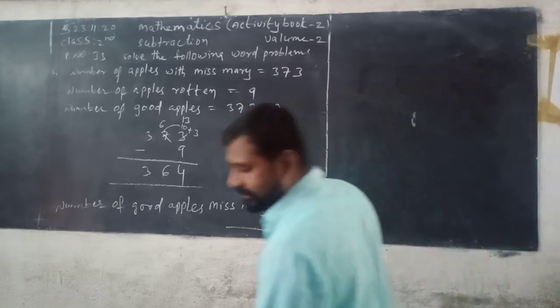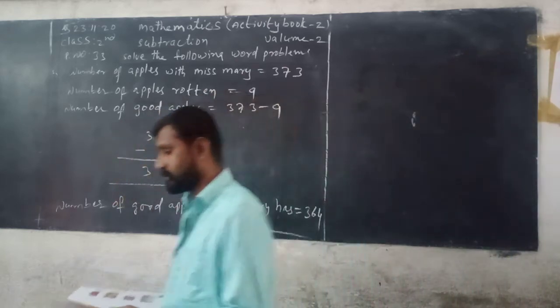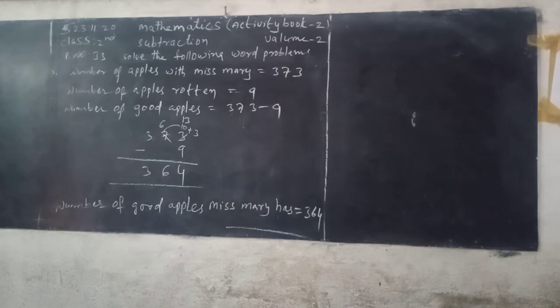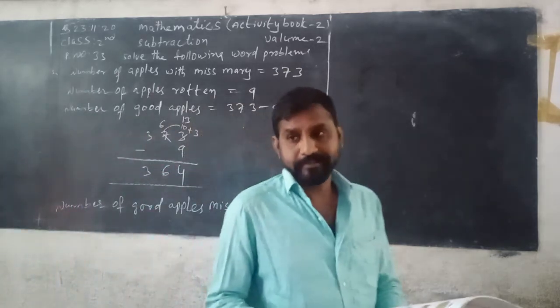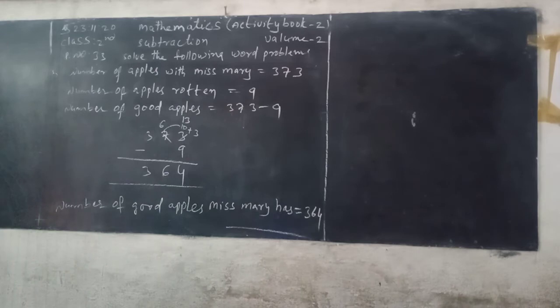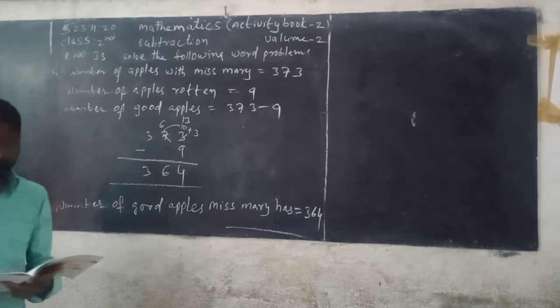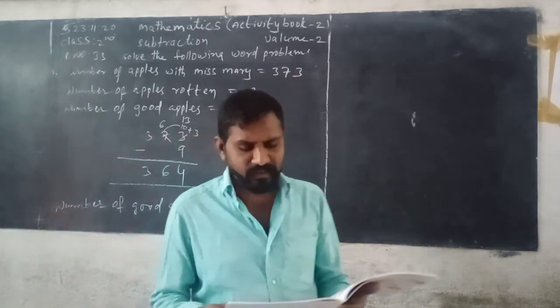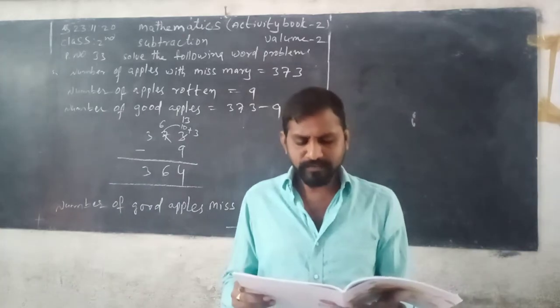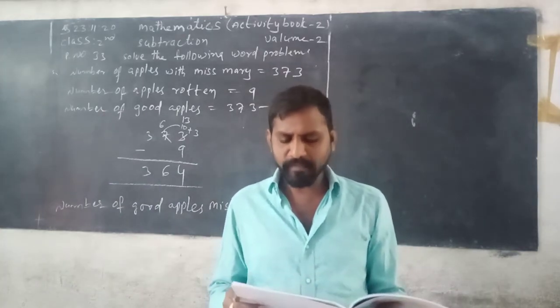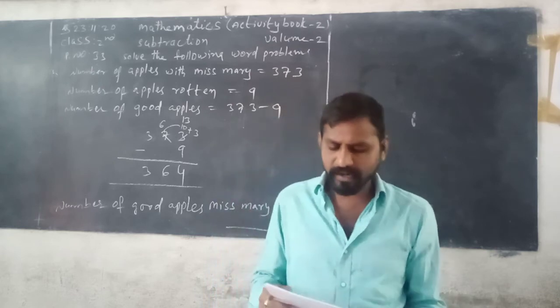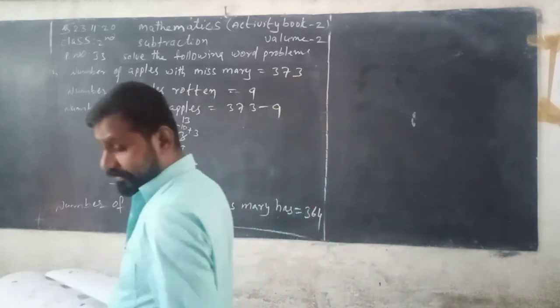Now next one, beta. Now next, Sonu had 120 toys. He gave Mono 18 toys. How many toys are left with Sonu now?